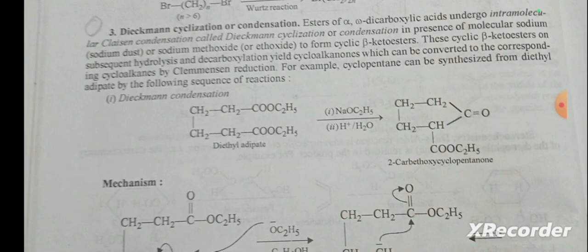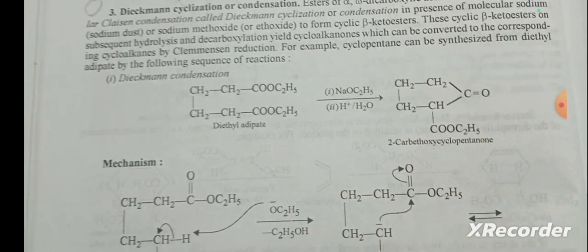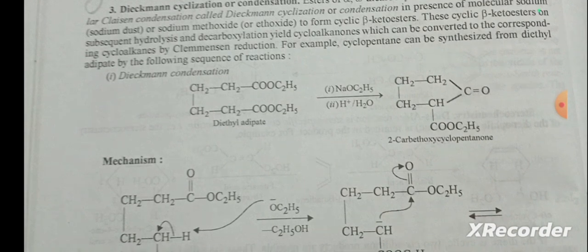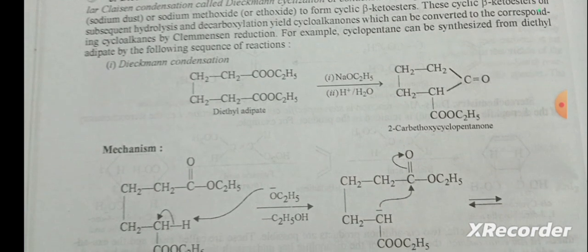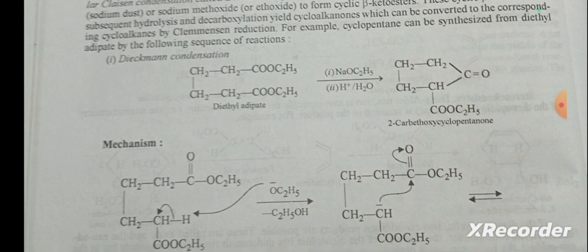Dieckmann cyclization or condensation. Diethyl alpha, gamma dicarboxylic acid esters undergo intramolecular condensation, called the Dieckmann cyclization or condensation, in the presence of metallic sodium or sodium methoxide to form the cyclic beta-ketoester. These cyclic beta-ketoesters on hydrolysis and decarboxylation yield cycloketones, which can be converted to the corresponding cycloalkane by chemical reduction.